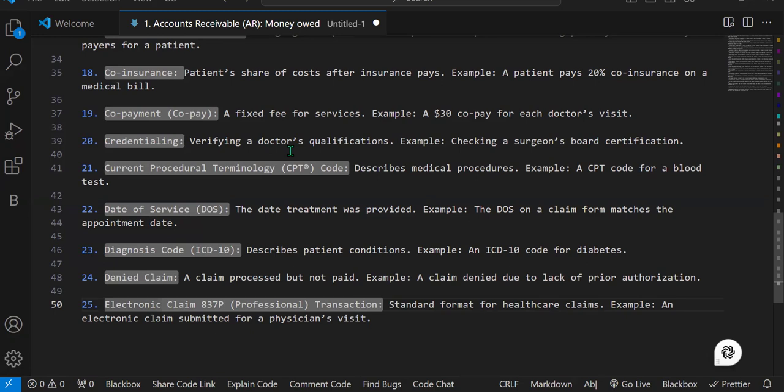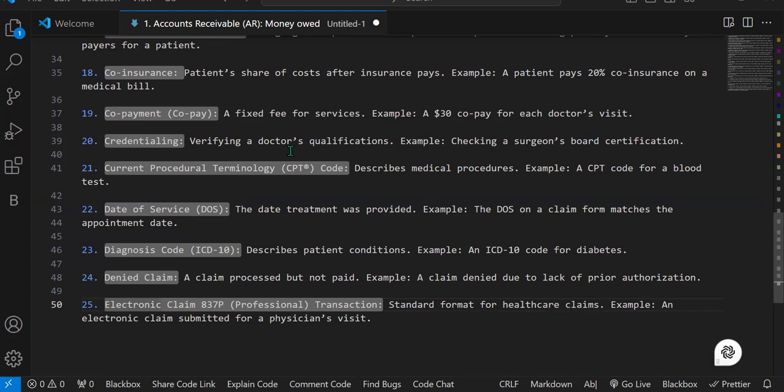So the date of service on a claim form matches the appointment date. When you submit the claim form to the insurance company, the date of service in that claim form and the date the patient went to the hospital should be the same. Then only will insurance pay back the doctor's office. Otherwise, it will not pay.